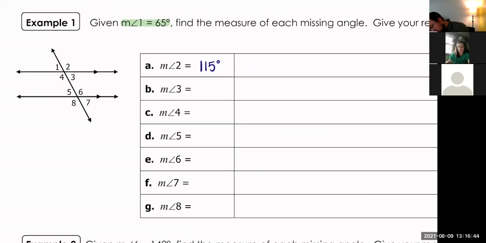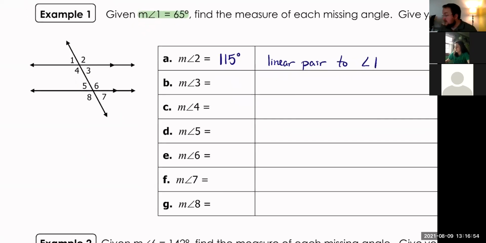So I'm going to write down in the note next to it that it is a linear pair to angle 1. Linear pair, again, up above tells me that linear pairs are in fact supplementary. Angle 3 from there, couple options. So now that we have a little bit more information, there's probably 2 good ways to define this one. I'm curious to hear what you guys come up with.